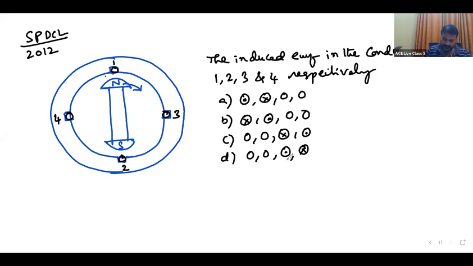Some of you are saying B, some of you are saying A. How is that possible? Two options cannot exist. Very simply, what is the EMF in 3 and 4? It will be 0, na? The induced EMF in 3 and 4 is along the quadrature axis, they are not cutting any flux right now.